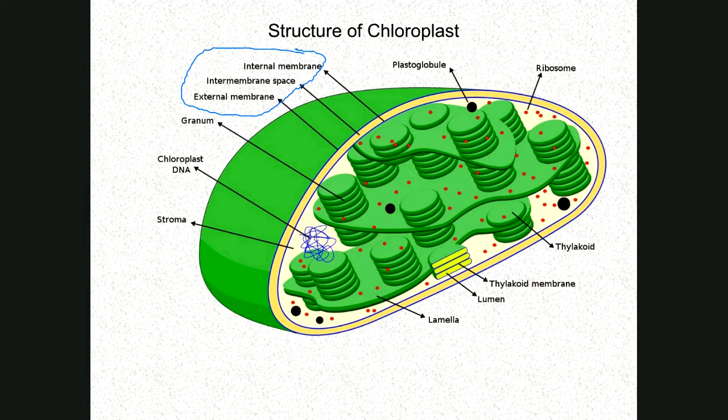Each one is a thylakoid. This is one thylakoid, two thylakoids, a third thylakoid, another thylakoid. Look at this over here: 1, 2, 3, 4, 5 thylakoids together. More than two thylakoids together, we call a granum.